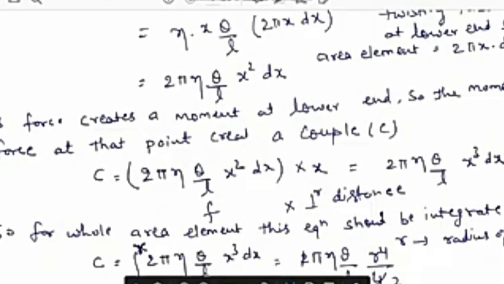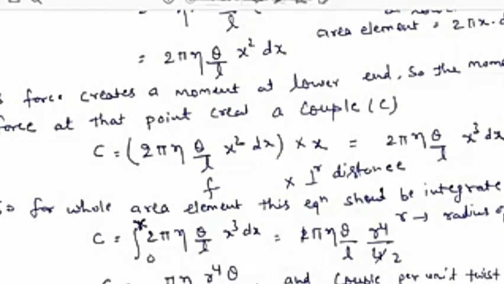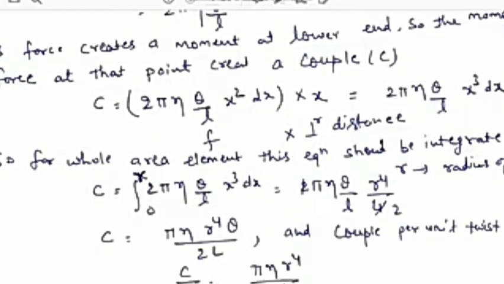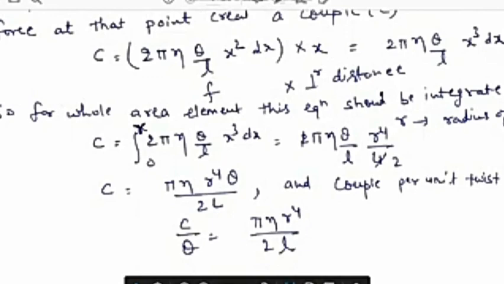This is the moment of force into perpendicular distance, and solving this is 2 pi eta theta by L times integral of x cubed dx. The equation is integrated from 0 to r, because r is the radius of the wire. Solving this, we obtain c equal to pi eta r to the fourth theta by 2L, and the couple per unit twist is c by theta, pi eta r to the fourth by 2L.